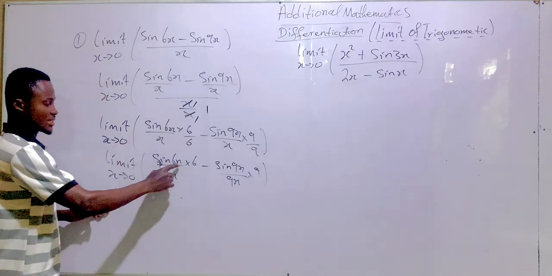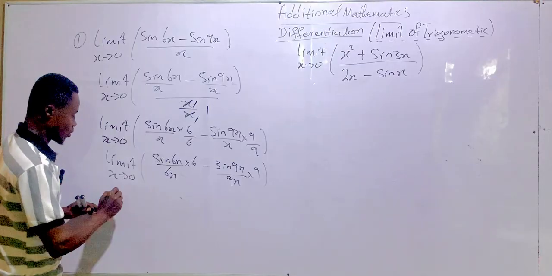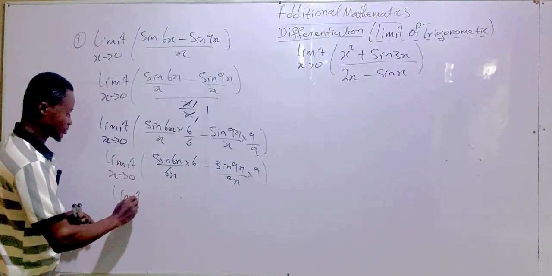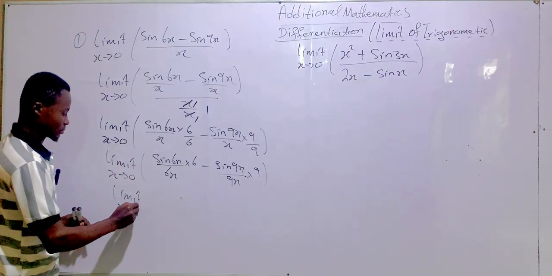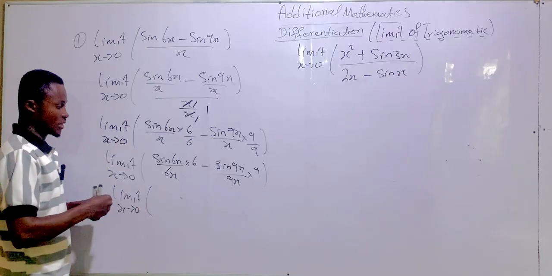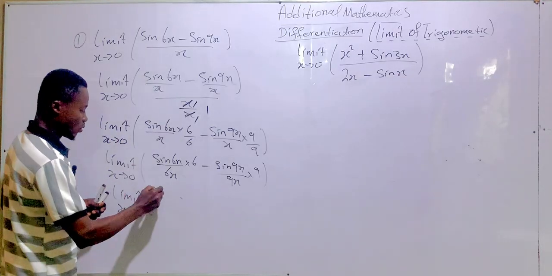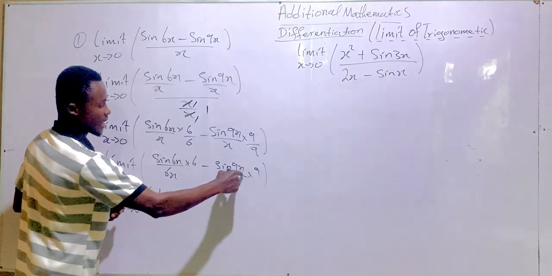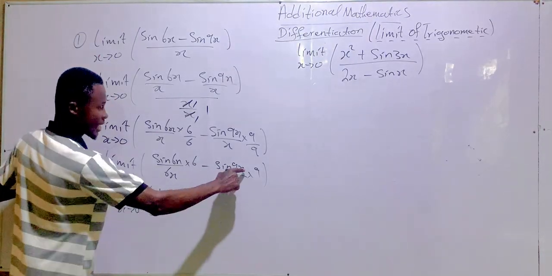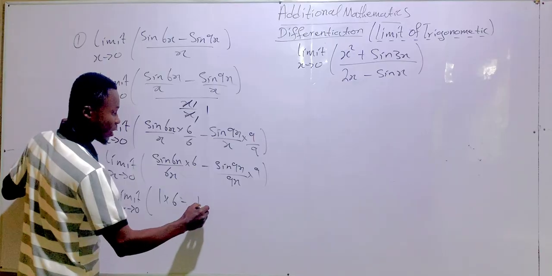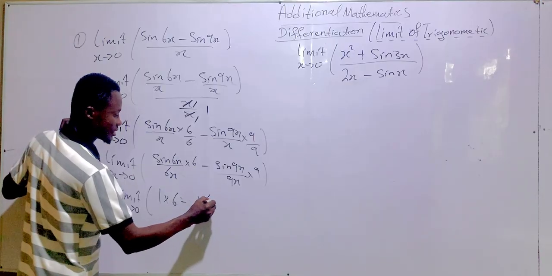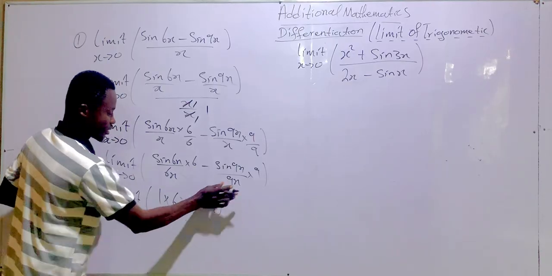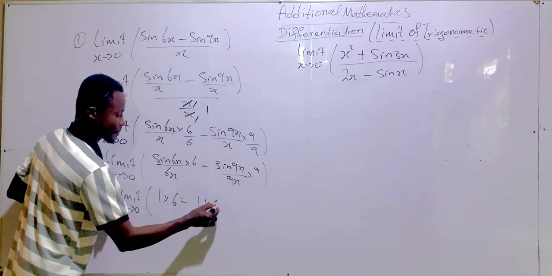The limit of sine 6x all over 6x will give us 1, that will give us 1 times 6 minus sine 9x. The limit of sine 9x all over 9x also gives us 1 times 9.